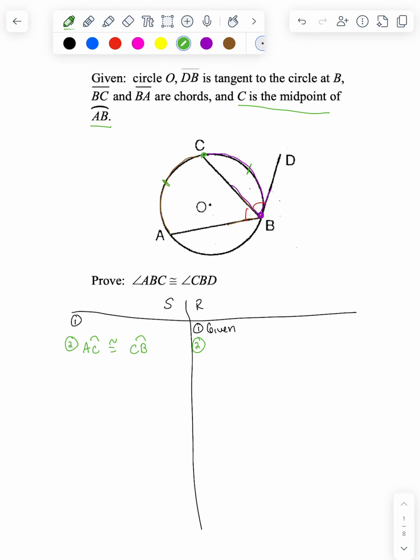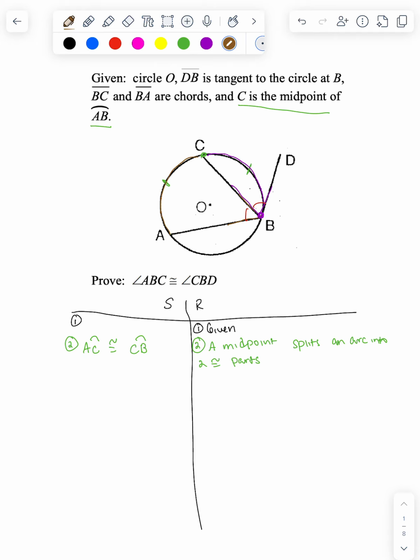And the reason for that would be a midpoint splits an arc into two congruent parts.